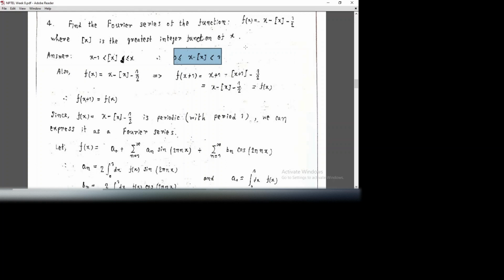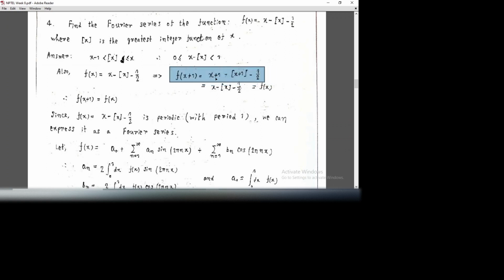So we will now see that the function that is given in the question is actually a periodic function. How do we find that? f(x) is this one. Now substitute f(x plus 1).